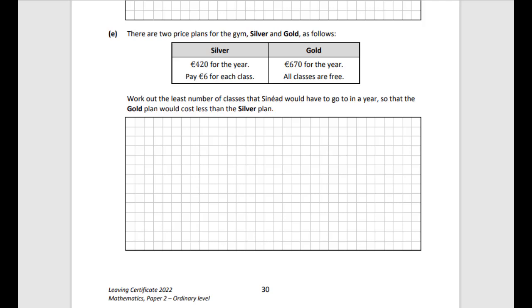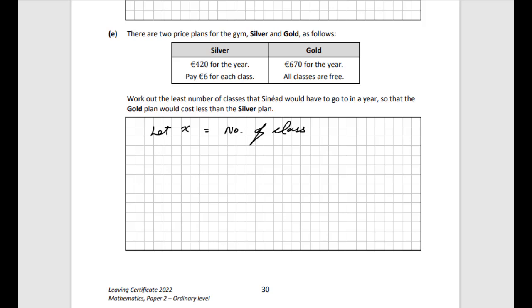Okay. Next one then. There are 2 price plans for the gym, silver and gold. So silver costs €420 for the year, but then you've got to pay €6 for each class you want to go to. The gold membership costs €670 for the year, but you get all your classes free. Work out the least number of classes that Sinead would have to go to in a year so that the gold plan would cost less than the silver plan. Okay, so what I'm going to do is say let x equal the number of classes.